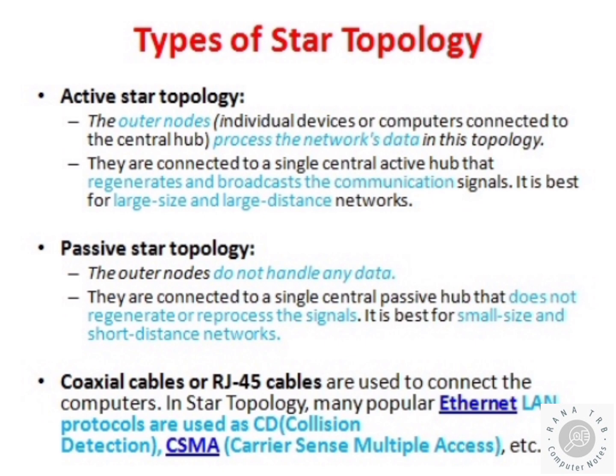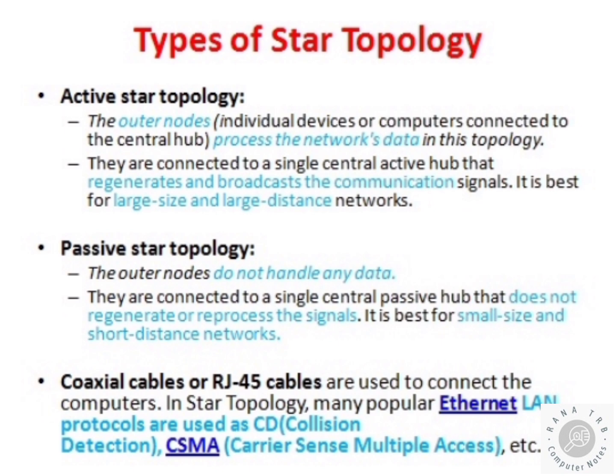In active topologies, the individual devices or computers are connected to the central hub, and the outer nodes process the network data in the topology. This will regenerate and broadcast the communication, because they can be used in large size or long distance networks.